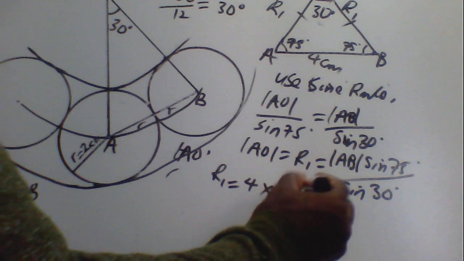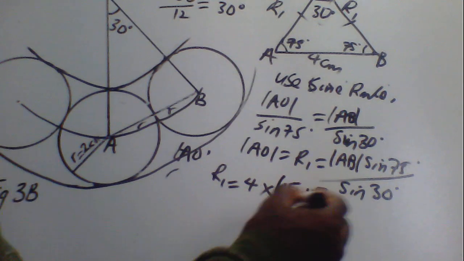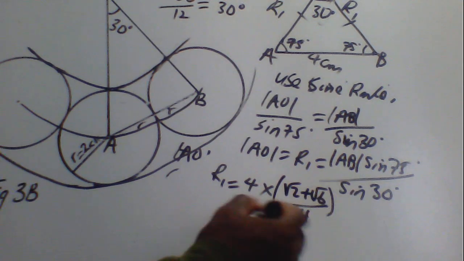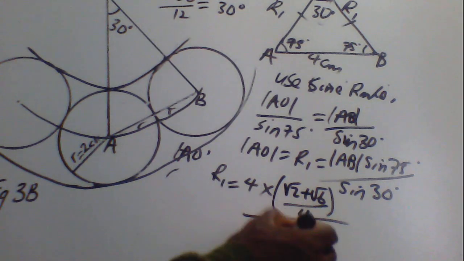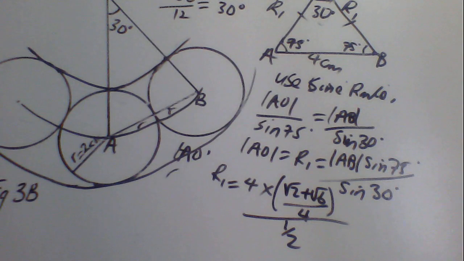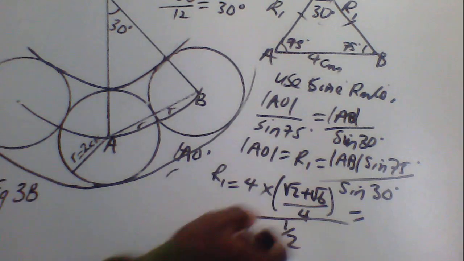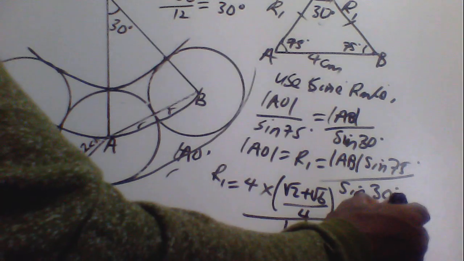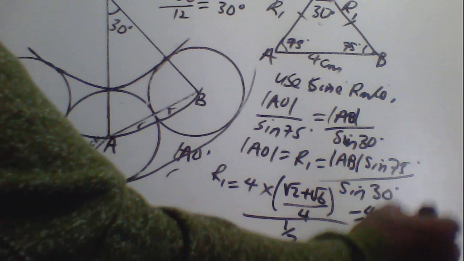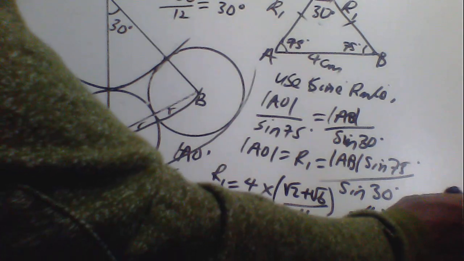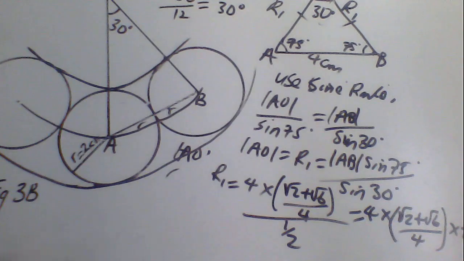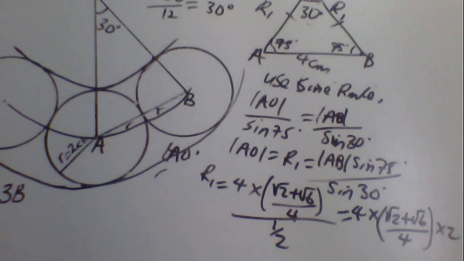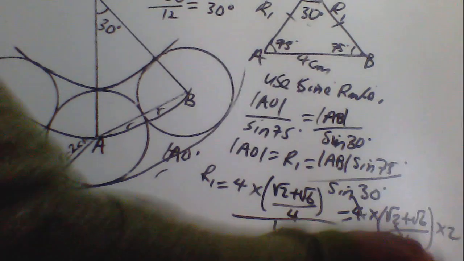You have root 2 plus root 6 divided by 4. And we divide by a half, because sine 30 is equal to a half. So from here, you do your multiplication. You have 4 multiplying root 2 plus root 6 divided by 4 times 2, so that the 4 can cancel out.